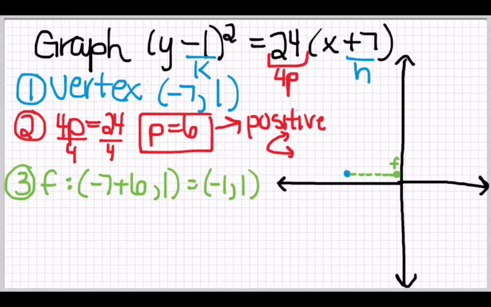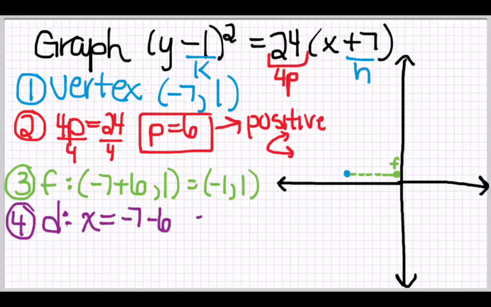So from the point where I have the vertex on my graph, I'm just going to count over to the right 6 and plot that point for the focus. Now let's find the directrix. For this I'm going to subtract 6 from the vertex, which gives us a directrix at the vertical line x equals negative 13.